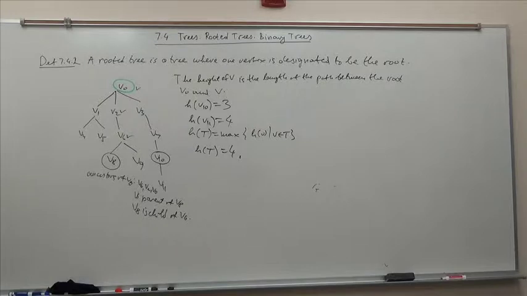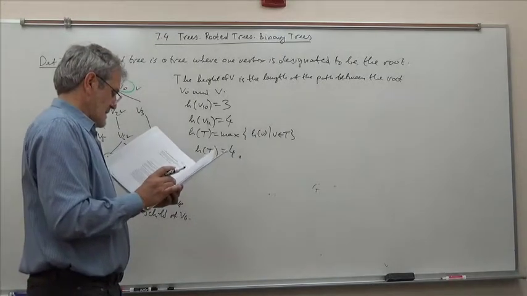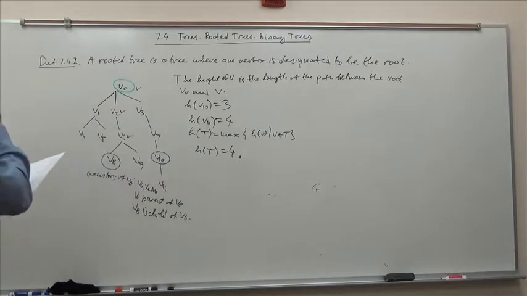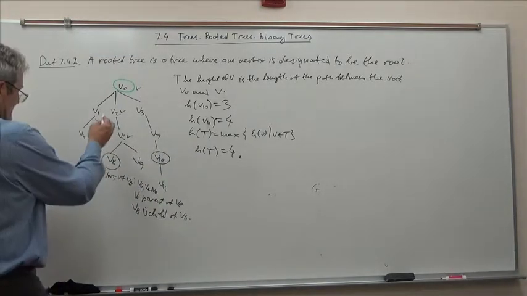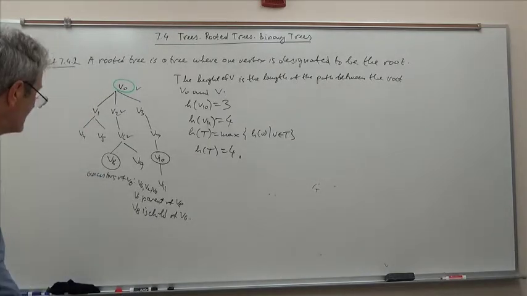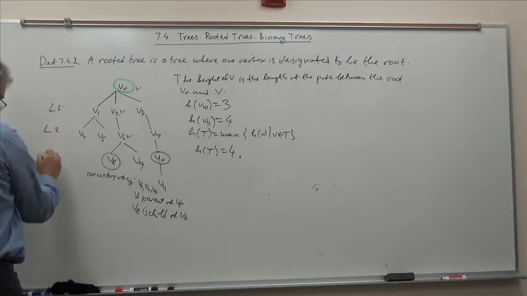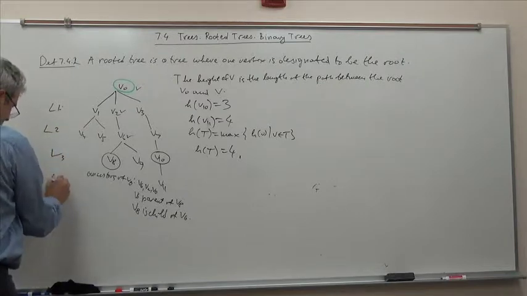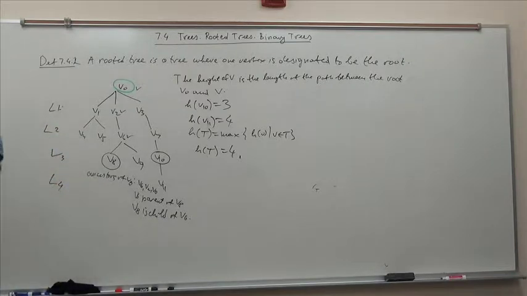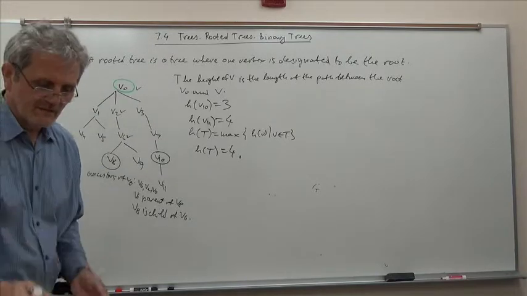And then what? So that's the definition. And then the elements that have the same height, we say that that's a level. So here is level 1, those that have height 1, this is level 2, this is level 3, and then level 4. And that's what's great about trees, that you can organize them by levels.